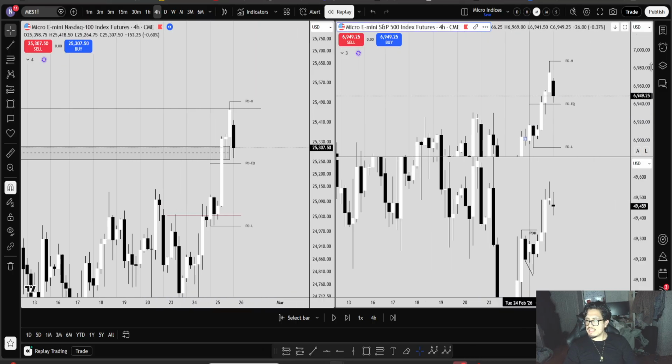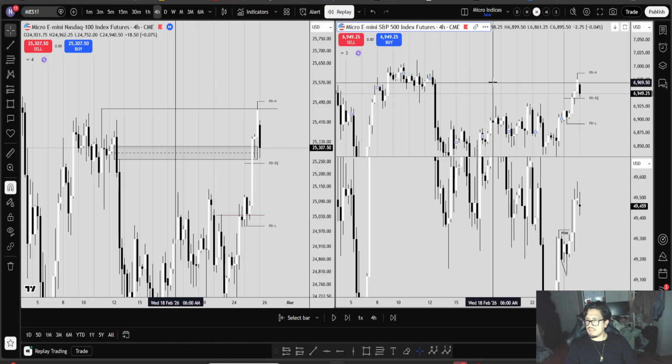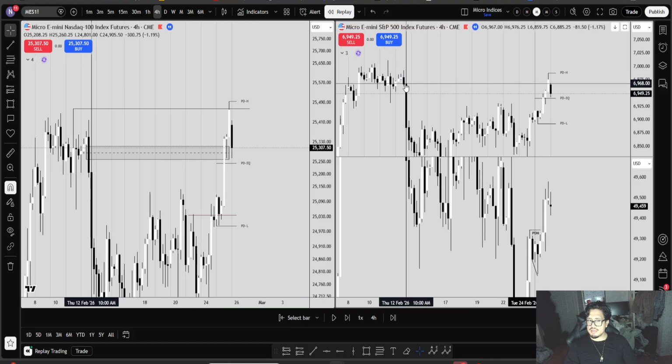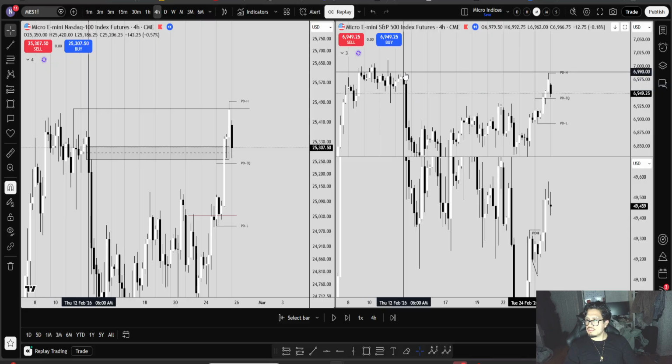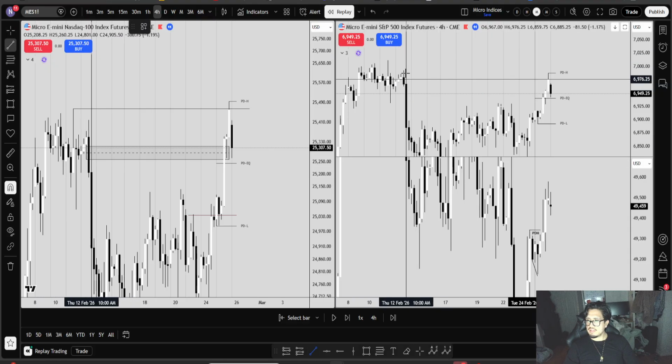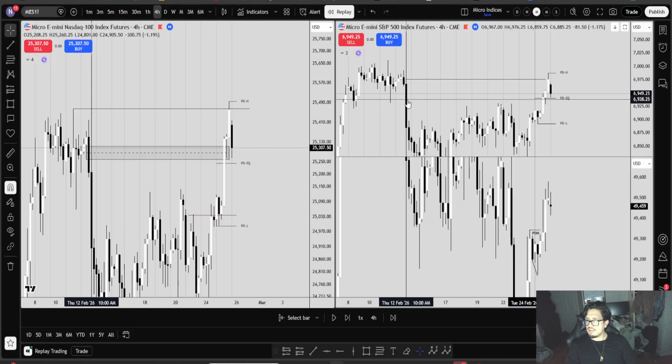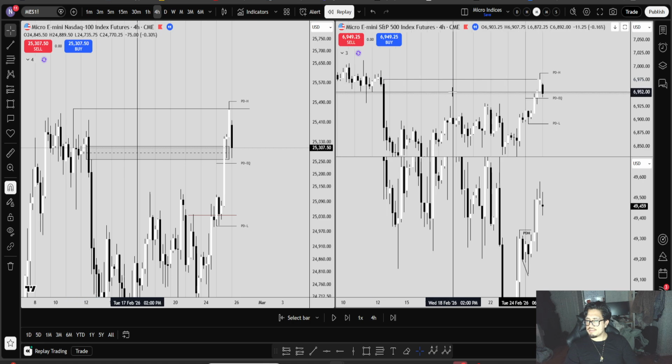So both ES and NQ were really high up within their range. Let's see if this was here. So yeah, this candle was right here. The bottom of that gap on the NQ is this candle right here on ES.